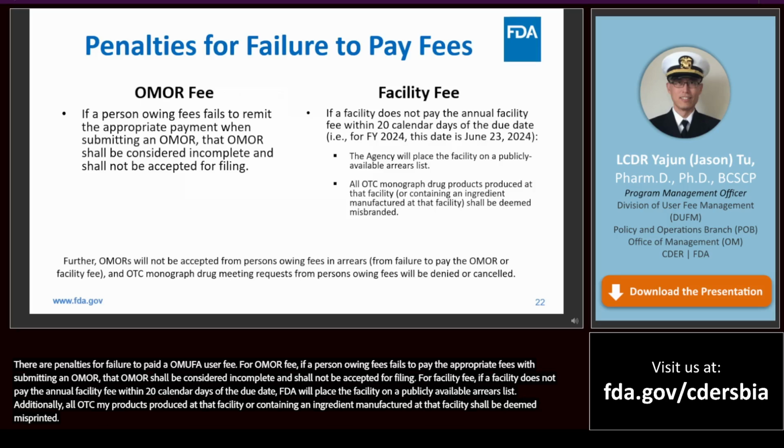Furthermore, OMORs will not be accepted from persons owing fees in arrears from failure to pay the OMOR or facility fee, and OTC Monograph drug meeting requests from persons owing fees will be denied or cancelled.